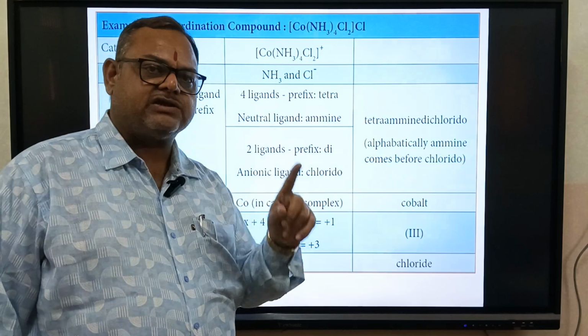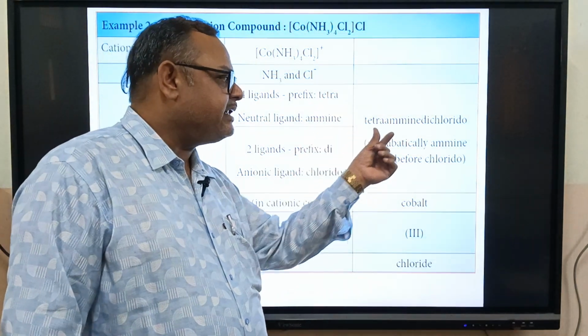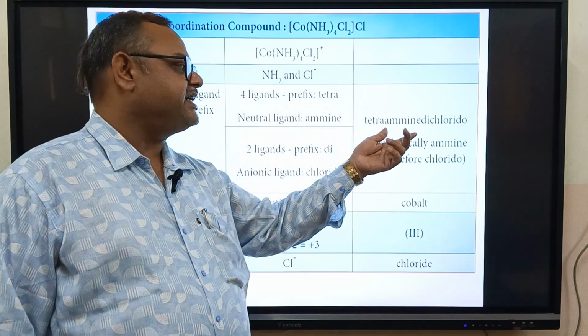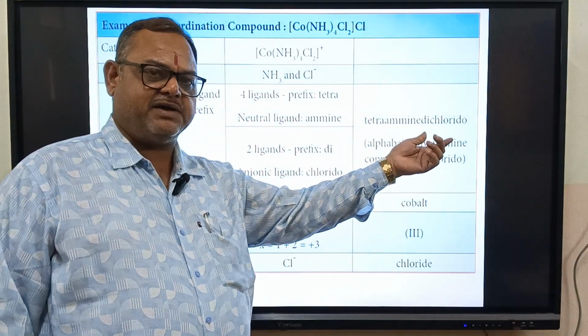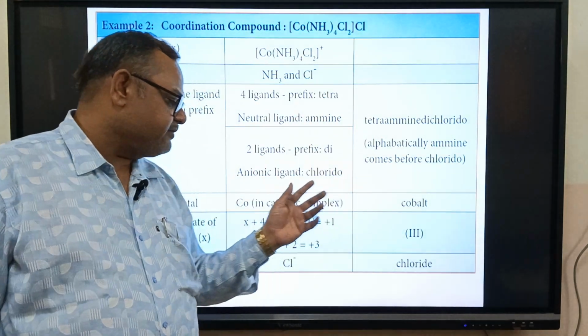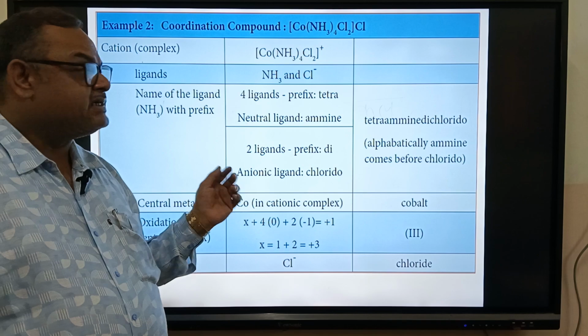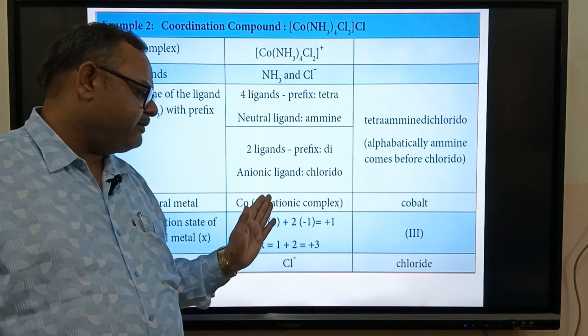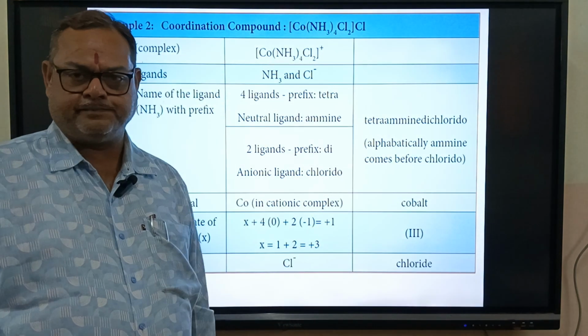We will only consider the name of the ligand as ammine and chloride. So for 4 ammine it becomes tetraammine, for 2 chlorine it becomes dichlorido. Then comes the name of the central metal, which is cobalt. Since it is a cationic complex, we don't have to write any special name. It will be written as cobalt only.